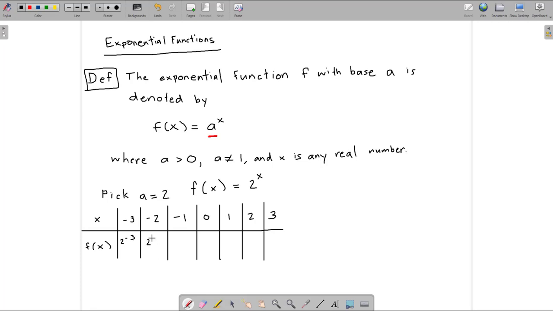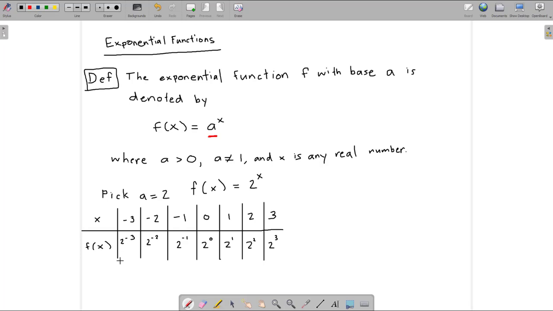Let's keep it like that for now and keep moving forward in our table here: 2 to the -2, 2 to the -1, 2 to the 0, 2 to the first, 2 to the second, 2 to the third. And then I'll simplify it a little bit down here.